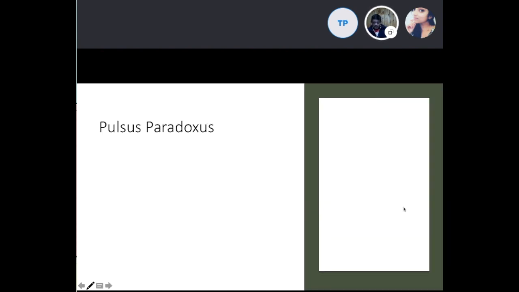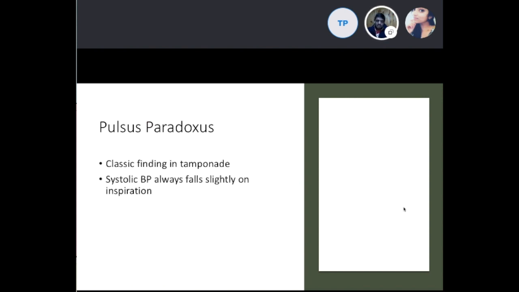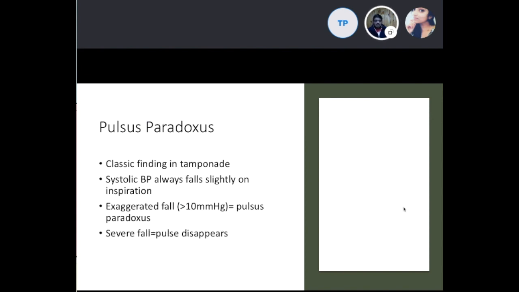Pulsus paradoxus is a classical finding in tamponade. Systolic BP falls on inspiration, with an exaggerated fall greater than 10 millimeters of mercury, and that's why it's called pulsus paradoxus. If severe, the pulse will eventually disappear. I wanted to go through this real fast.